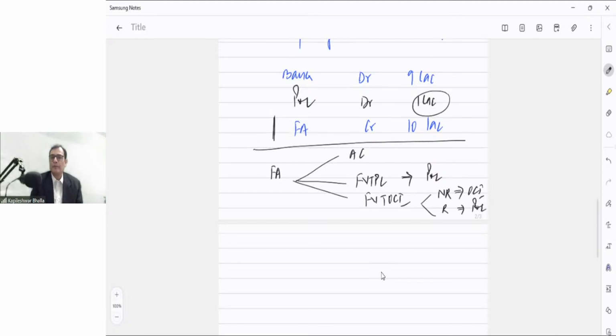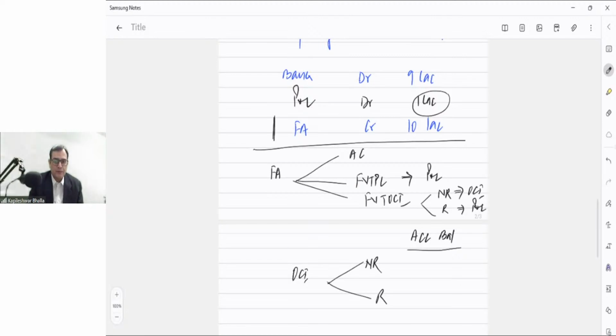We also need to remember the accumulated balance in the SOCIE. Whatever amount was transferred in terms of OCI year by year got accumulated in the statement of changes in equity in tab number 3.